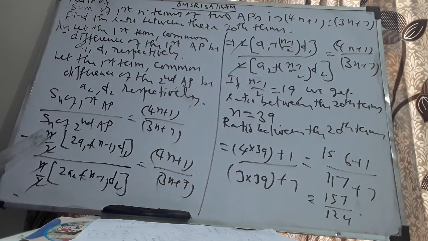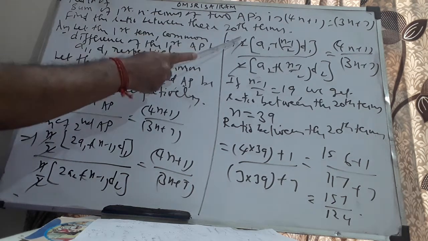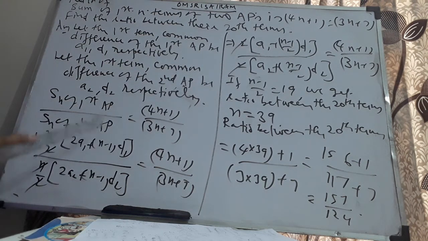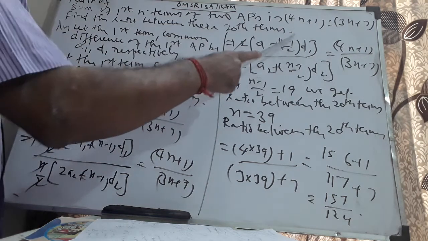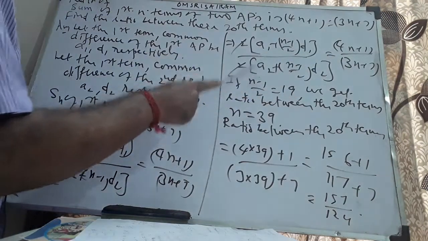By formula, it is n by 2 into 2a1 plus n minus 1 into d1 by n by 2 into 2a2 plus n minus 1 into d2 is equal to 4n plus 1 by 3n plus 7. n gets cancelled, 2 gets cancelled. Take 2 as common in both numerator and denominator in the LHS: a1 plus n minus 1 by 2 into d1 by a2 plus n minus 1 by 2 into d2 will be equal to this after cancelling 2.